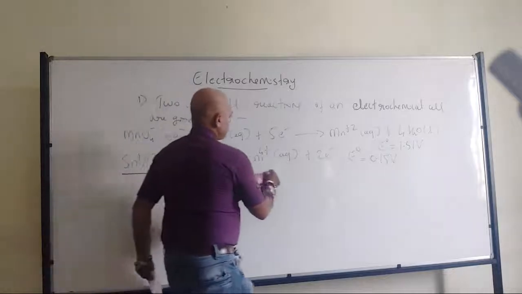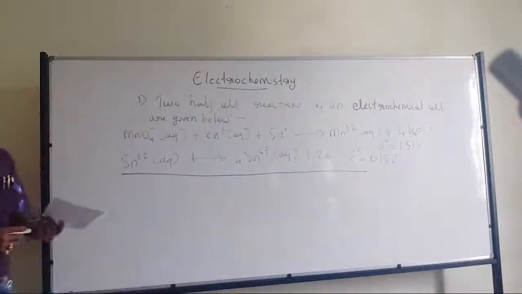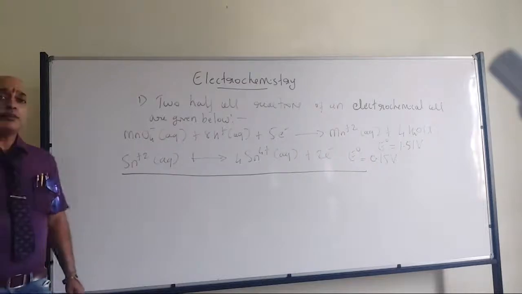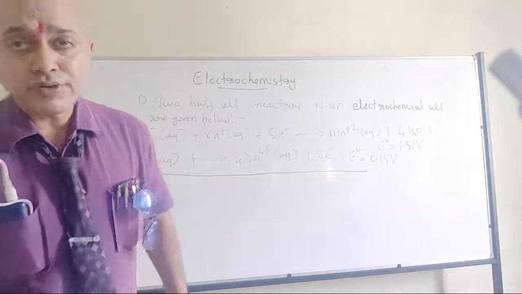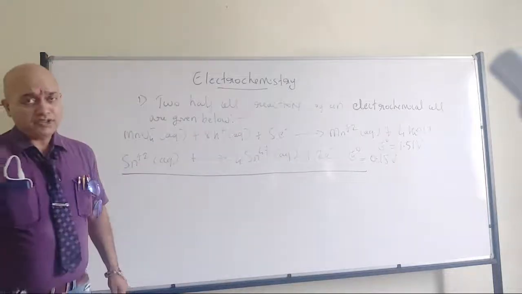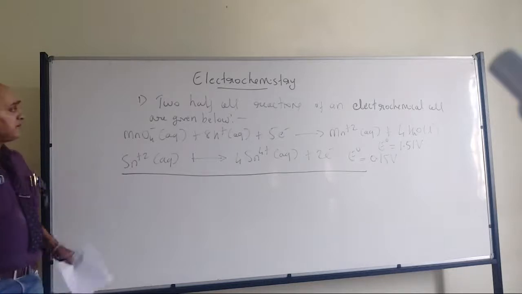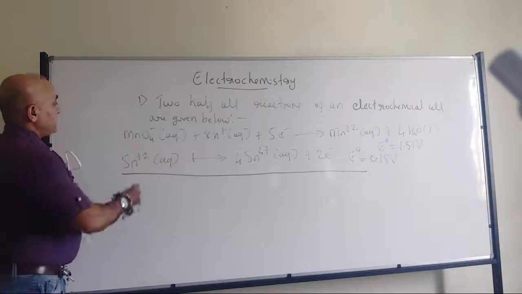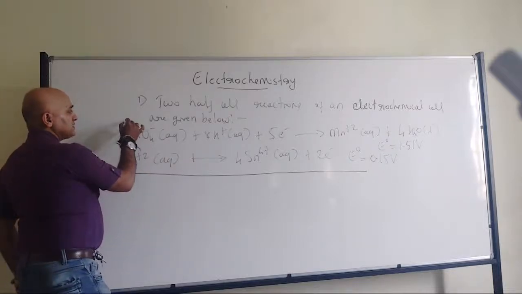If I want, first I will write the redox equation. The redox equation is nothing but we have to talk about the anode half cell reaction and we have to consider the cathode half cell reaction, as I told yesterday, and the total cell reaction is nothing but the redox equation. Okay? So if you observe here, in permanganate, what is the oxidation state of manganese?